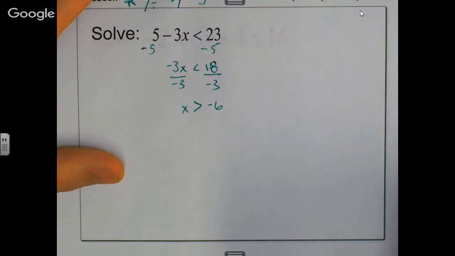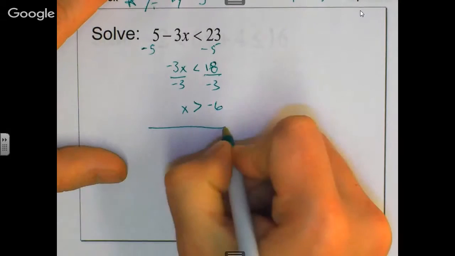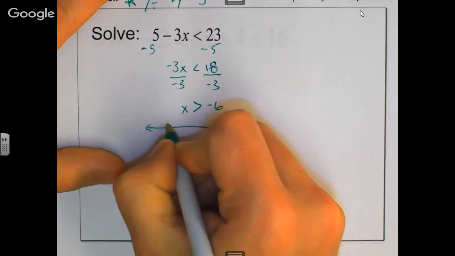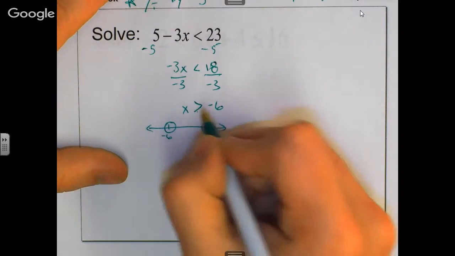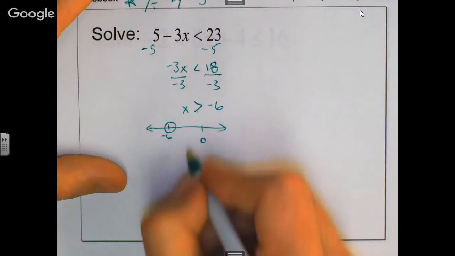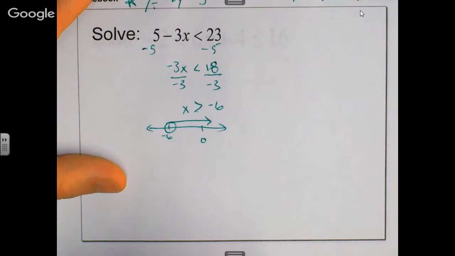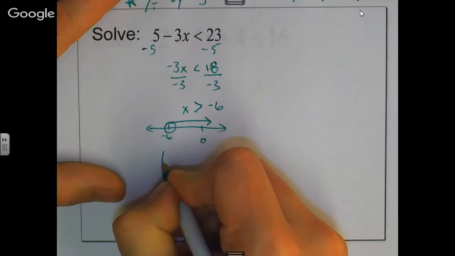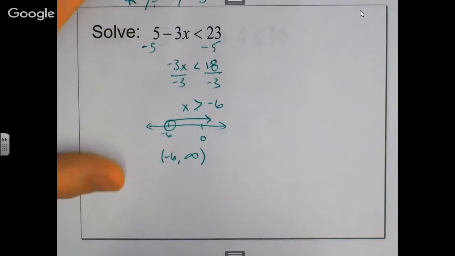Okay, so this tells me, if I do my graph, so I have negative 6 and 0, open circle at negative 6 because it's not equal to, and then we want x bigger than negative 6. So that's going that direction. My interval would be negative 6 with parenthesis, comma, infinity, parenthesis.